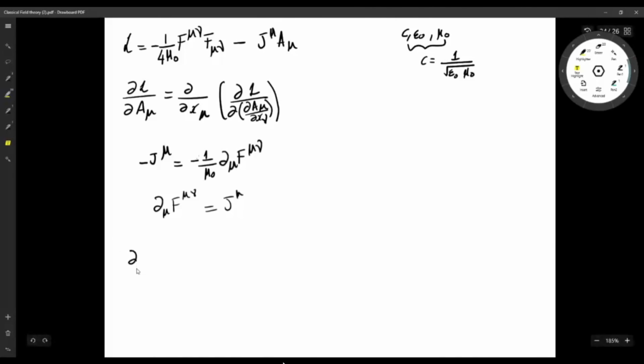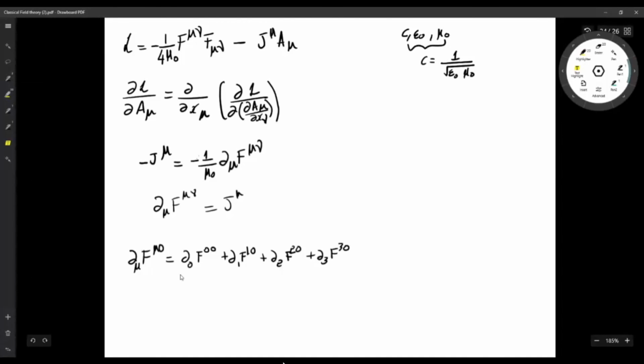Right. So if I take, for example, ∂_μ F^{μ0}, this would just mean I would have to take ∂_0 F^{00} plus ∂_1 F^{10} plus ∂_2 F^{20} plus ∂_3 F^{30}.